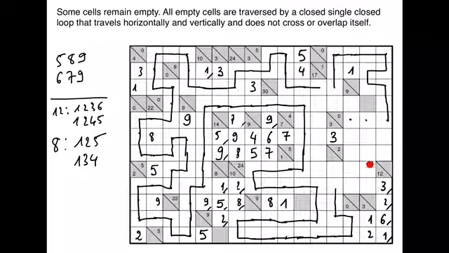This will have to go somewhere up there to join this. So only 3 cells. That's correct. Seven with 4 more cells.